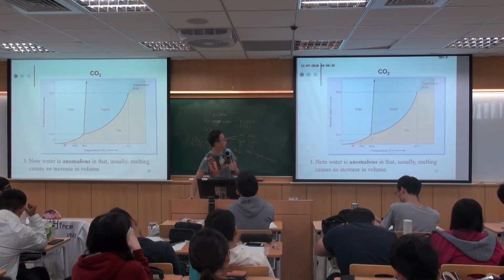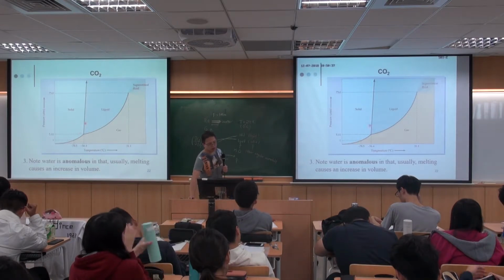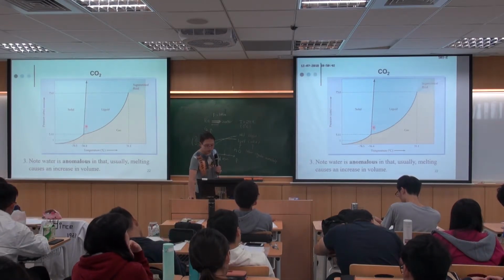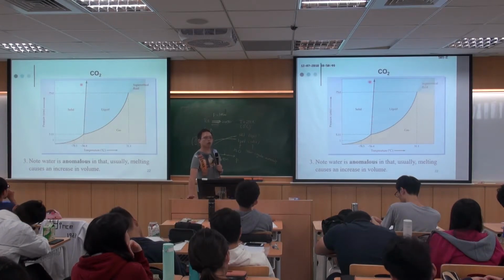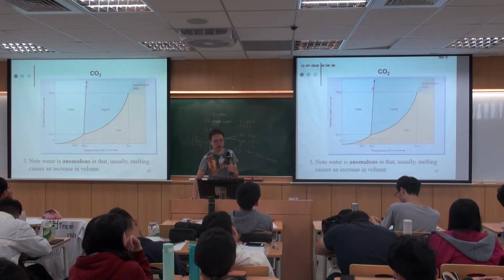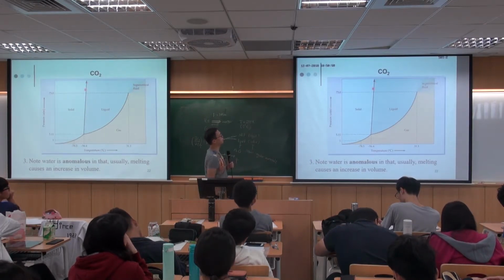So in the regular condition, we're at this point. But if you have a very high pressure and the liquid form, as you further increase the pressure, you will get more and more solid phase. You can see that this line has a positive slope going upward.